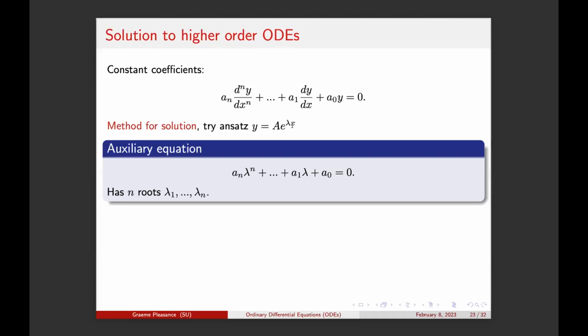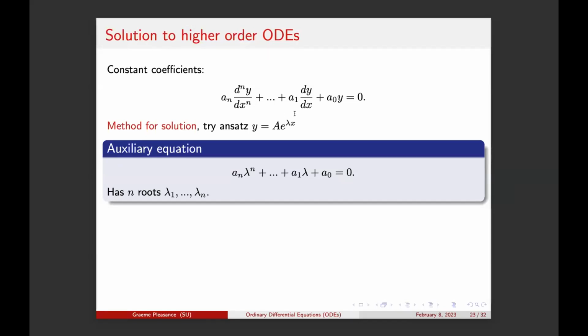The motivation for trying this ansatz is that if we take the derivative of e to the lambda x, this just gives us the original function back multiplied by lambda to the power of whatever our derivative is.